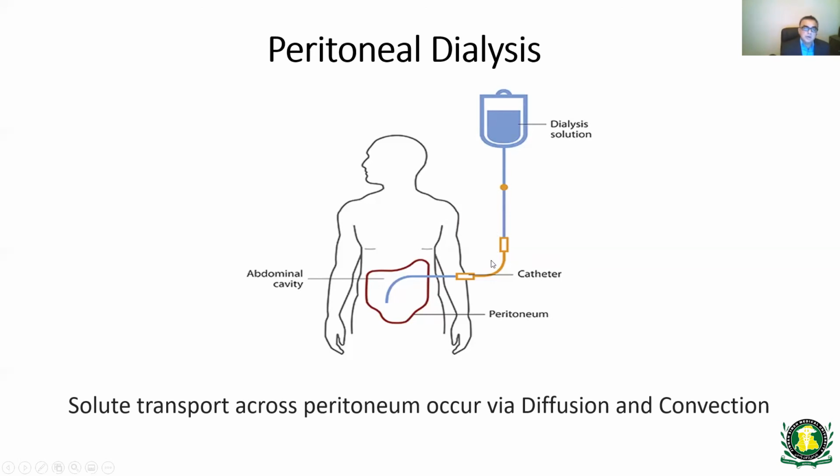The machine does all the work, bringing the fluid in, keeping it for 1 to 2 hours based on the prescription, and then draining it afterwards. So throughout the night for 8 to 10 hours, this cycle continues while the patient is sleeping or resting, and in the morning when the patient wakes up, peritoneal dialysis is done, and the patient has all day during daytime to do other stuff.